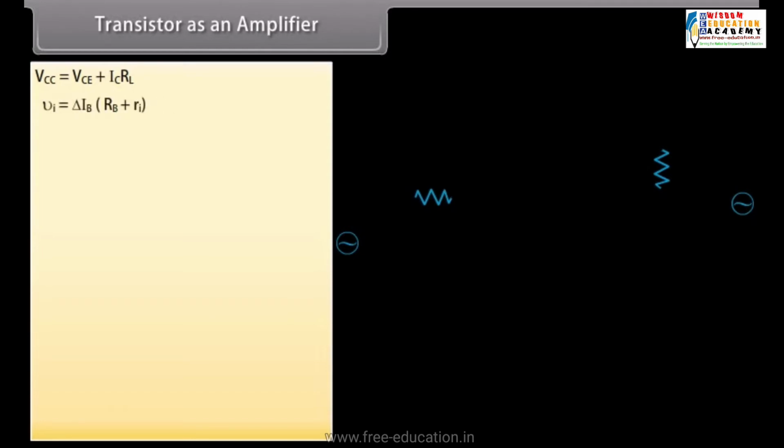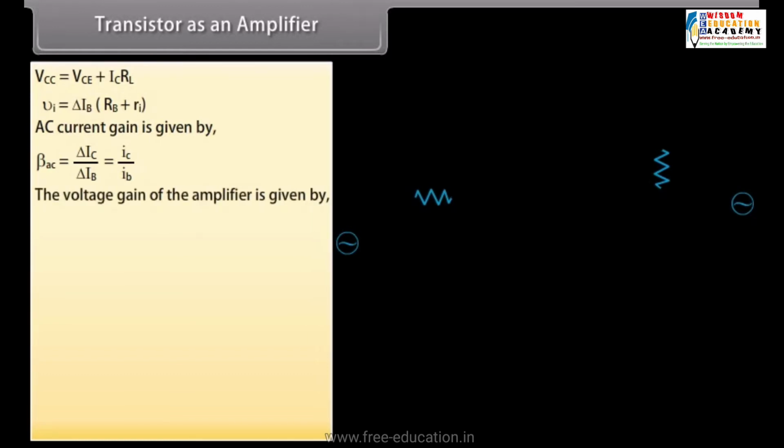Delta VI is equal to delta IB multiplied by RB plus RI. AC current gain is given by beta AC equal to delta IC upon delta IB. The voltage gain of the amplifier is given by AV equal to delta VCE upon RI delta IB, or it can be written as AV equal to minus beta AC RL upon RI.